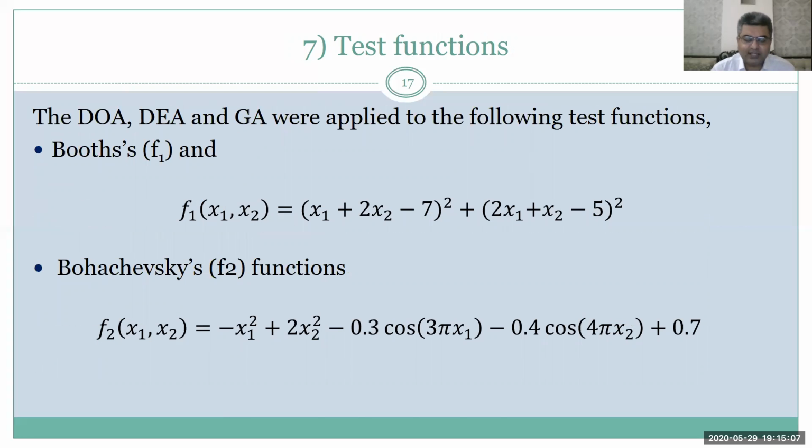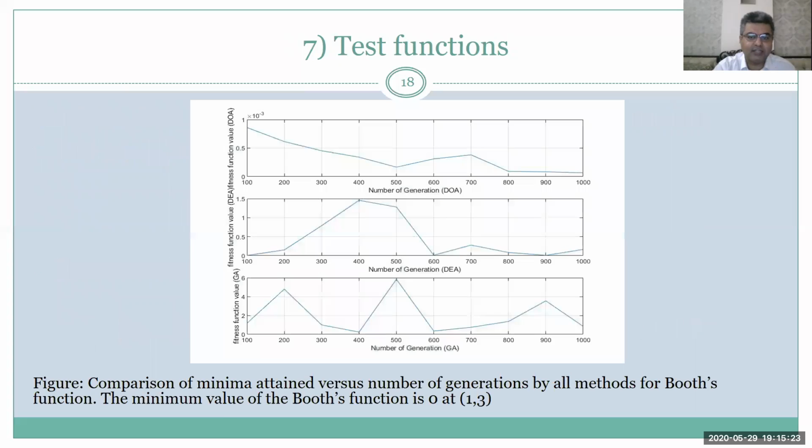To validate the results, we had to have a validation mechanism, and we applied the DOA, DE, and GA to two test functions, the Booth function and the Bohachevsky's function, and the results are enumerated as follows.